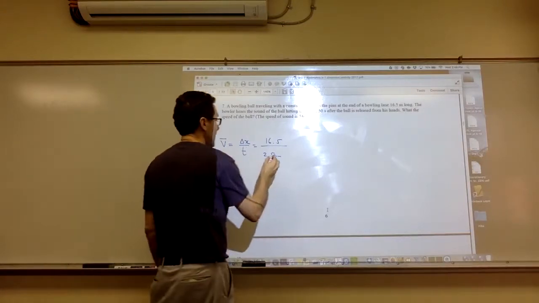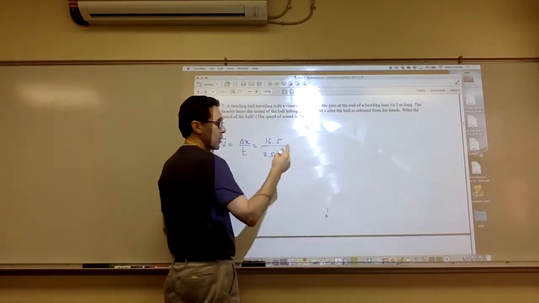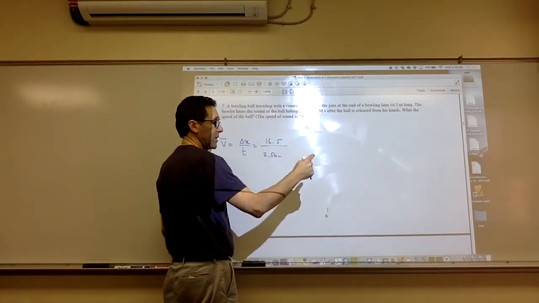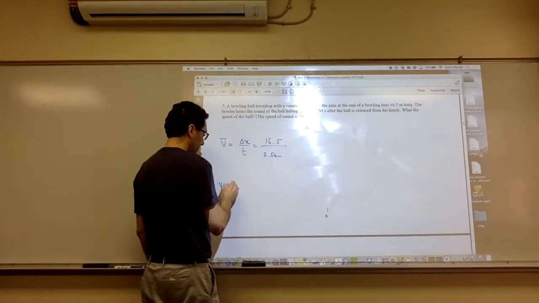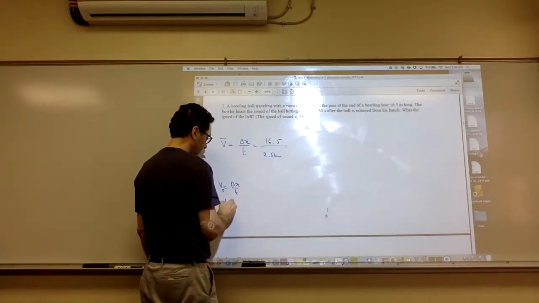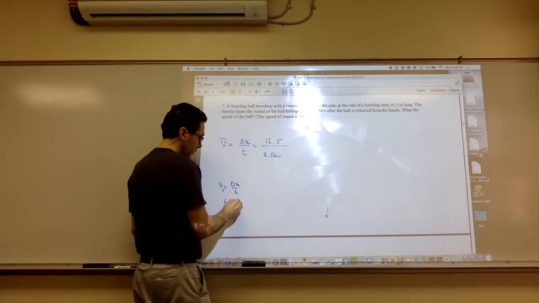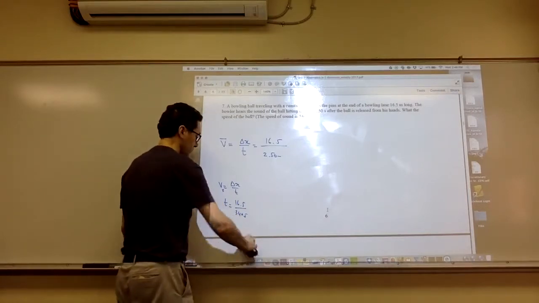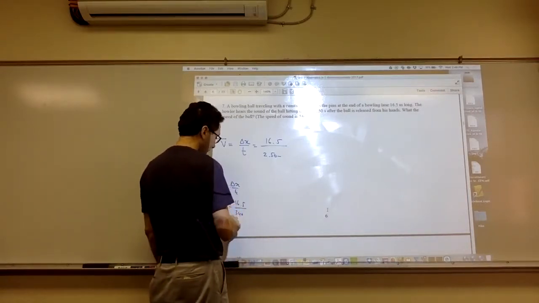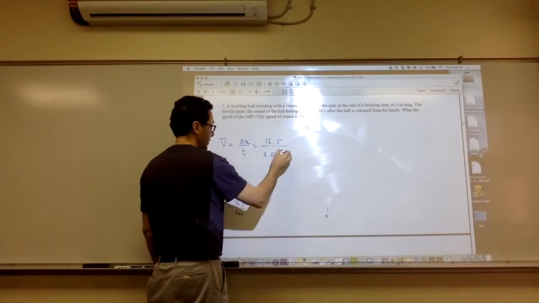Now, the time it took for the sound to travel from hitting the pins to your ear, okay, so the v for the sound is distance over time. So the time is the distance, which is 16 and a half, over the speed of sound, which I think they've given us as 340. Okay? So we have to subtract this little bit of time here.